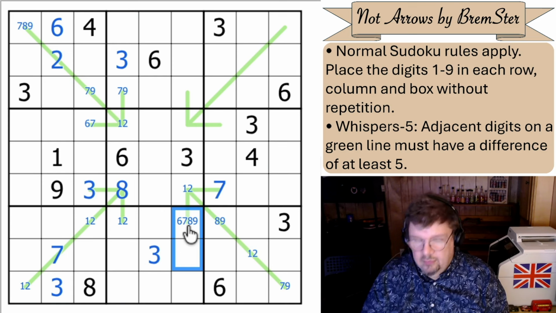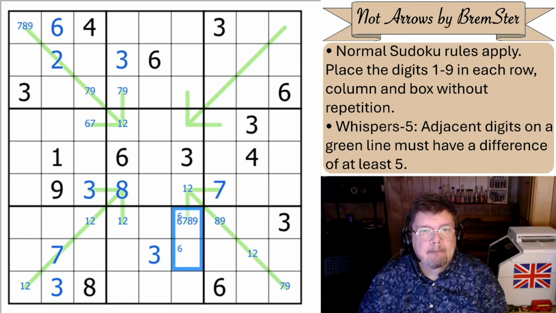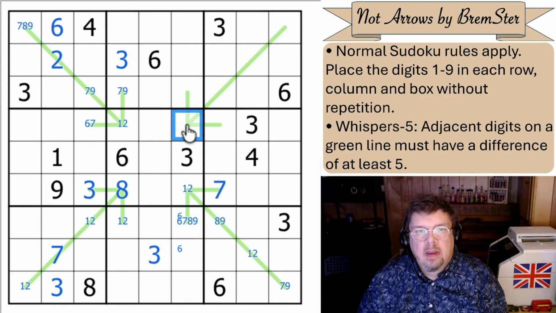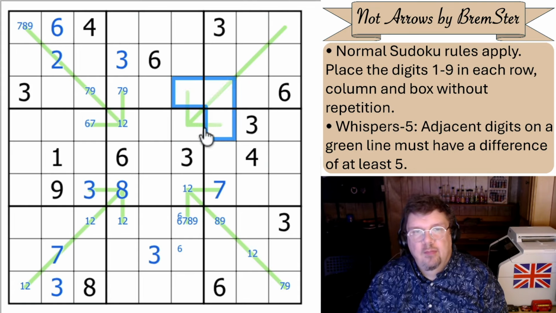6 is in one of those two. Okay. This can't be low because we already know it can't be a 4 because of the 9 problem.